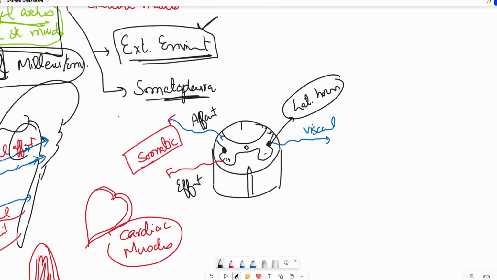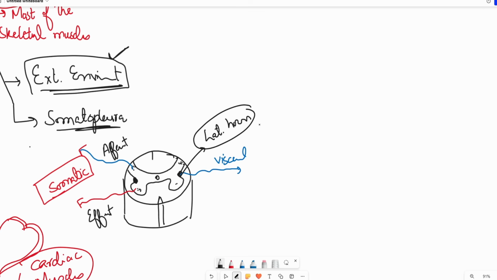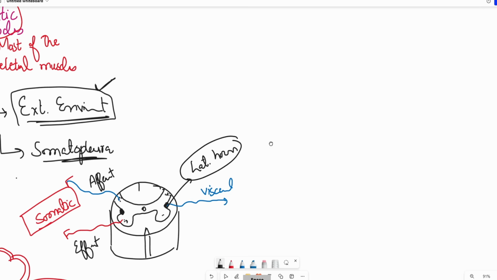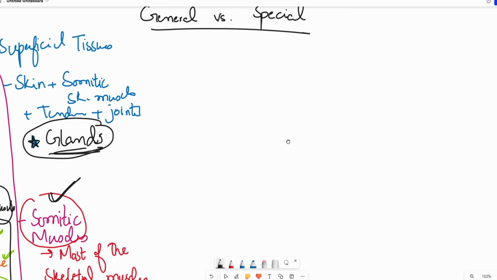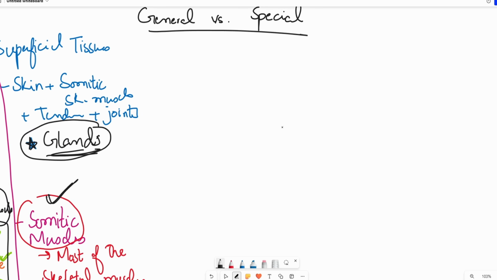We will discuss the details later. Now let's move forward, and finally let's talk about general versus special. General fibers are concerned with common sensations, and they innervate the commonly present tissues or organs.